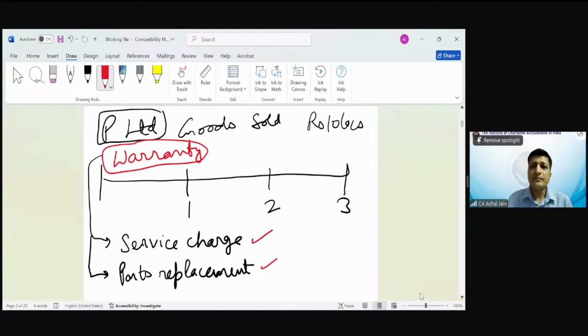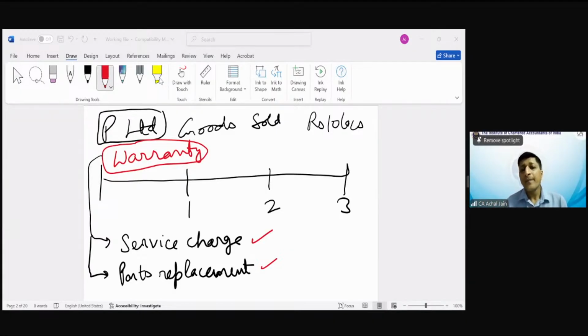What do you think? The answer is no, there is no surety, correct? So surety is not there.